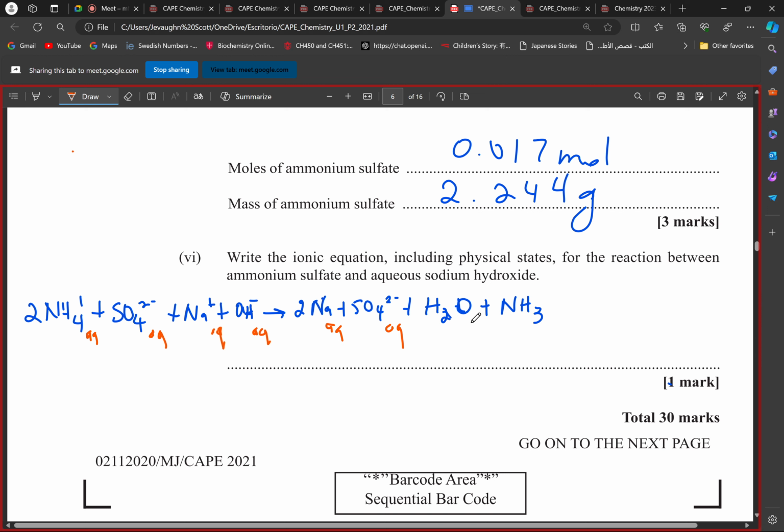All right, so let's talk about what happens there then. We will cancel out the spectator ions. The spectator ions would be the ones that just remain the same on both sides.